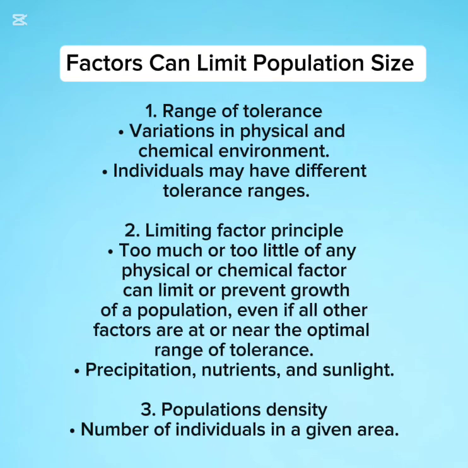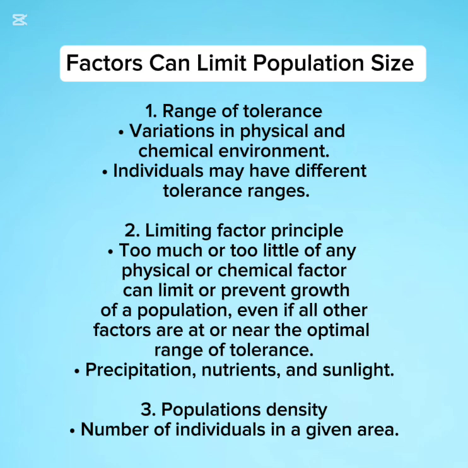First, range of tolerance. The range of tolerance refers to the range of environmental conditions, both biotic and abiotic, that a particular species can withstand while maintaining the ability to survive and reproduce. Second, limiting factors principle.